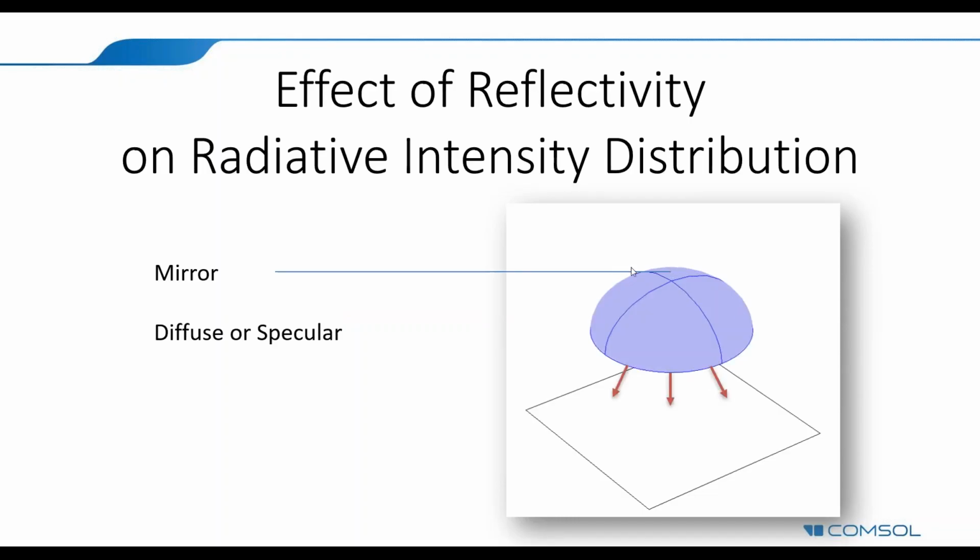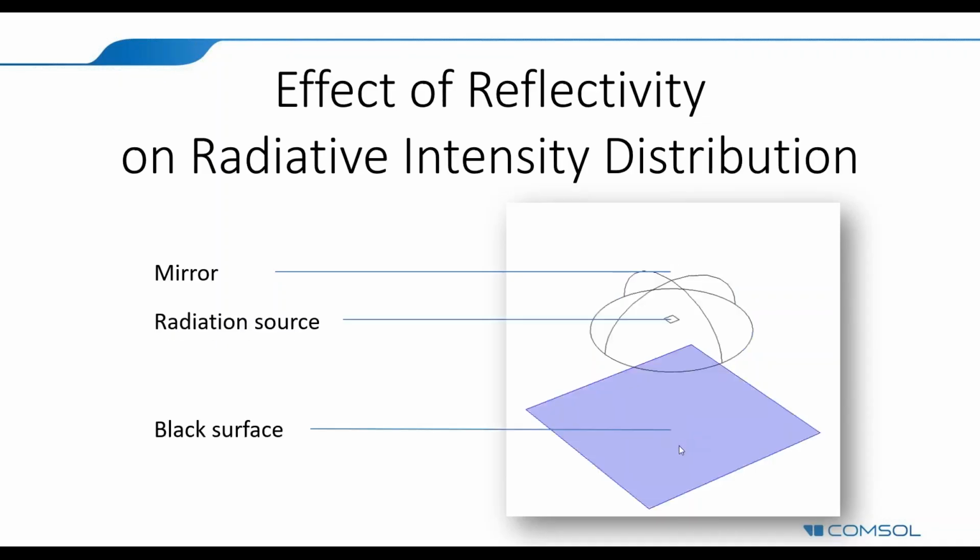And this mirror will be either diffuse, specular, or mixed diffuse and specular, and that's what we want to study. But in all cases, the radiation will be reflected back. And finally, this radiation will reach a black surface, so it will be absorbed by this black surface. And the question is, what is the heating, what is the temperature distribution of this black surface?